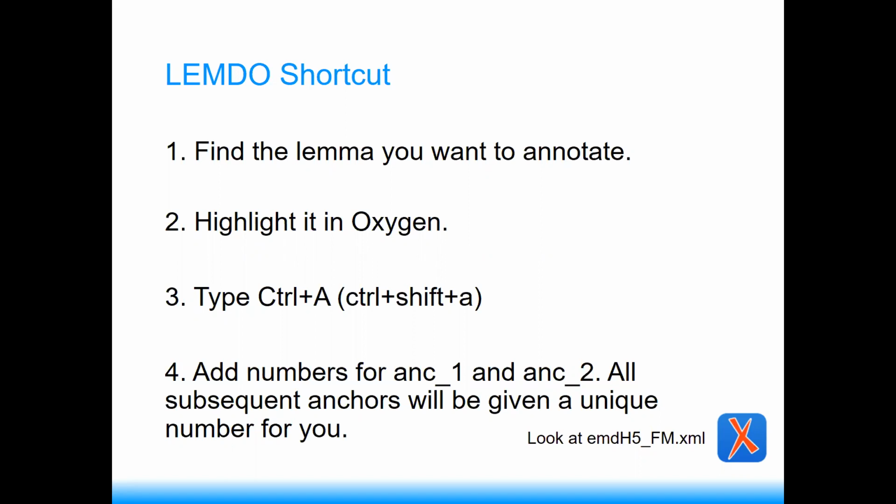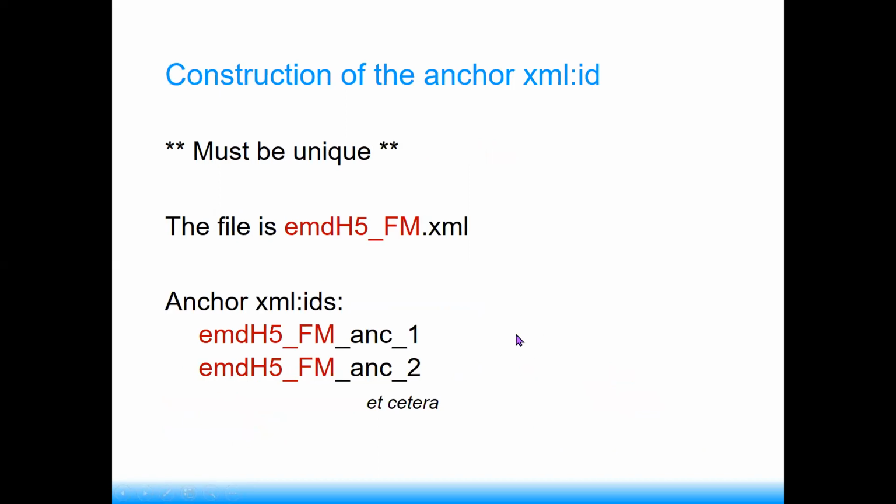You just highlight it with your mouse, type Control+A, and it will add the anchors for you. If it's the first time you're adding anchors to a text, you'll need to add the 1 and the 2 on the end, but every subsequent anchor that gets added to the text will be given a unique number for you. So let's toggle over to Oxygen now.